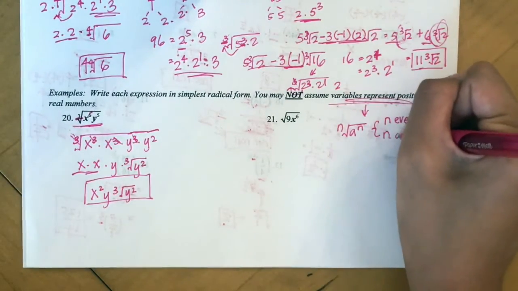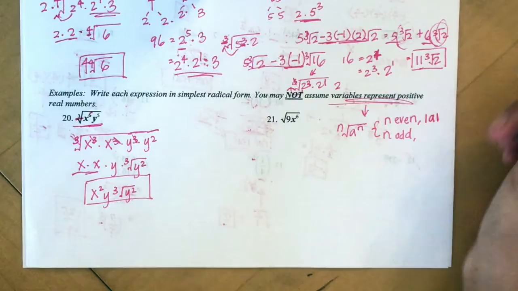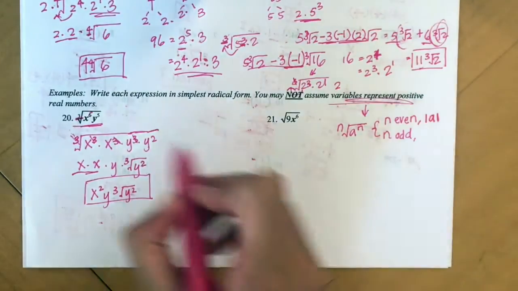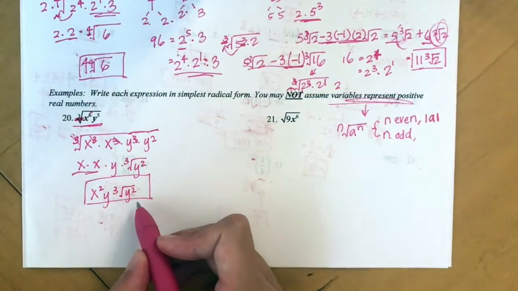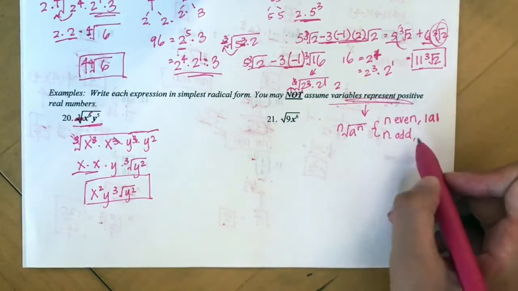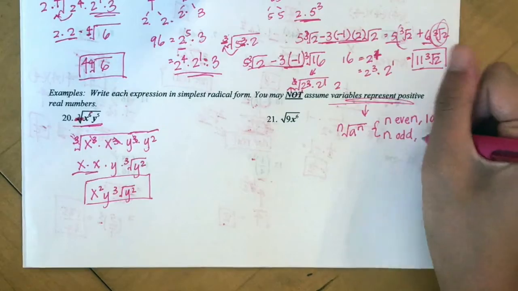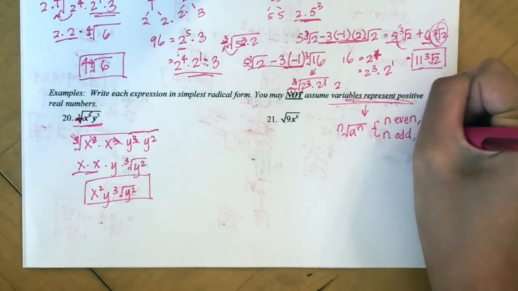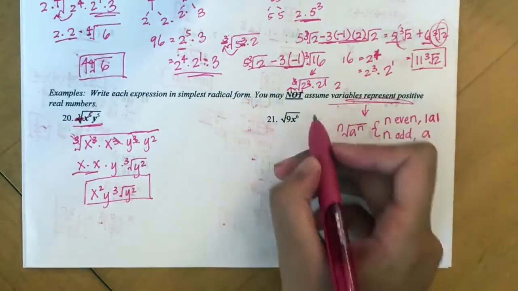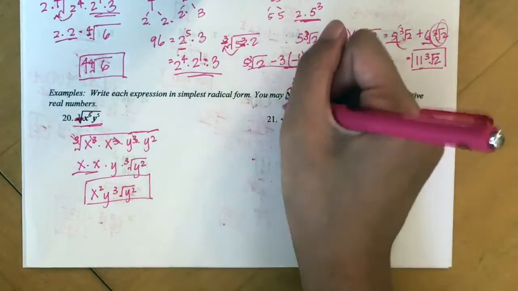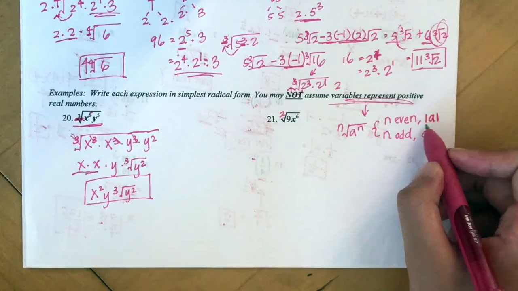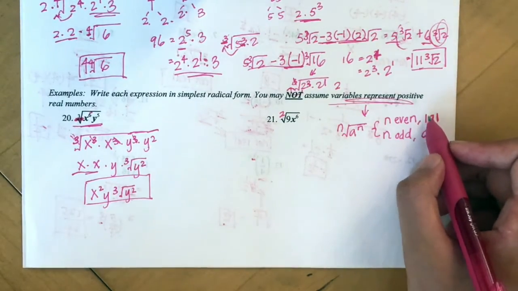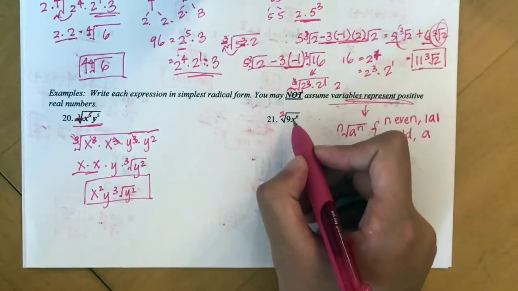If n is odd, which is all the cases that we have encountered so far, as in this one, where the index is odd, which is why we don't need to write any absolute value bars, then the answer is just a. But if n is even, like in this case, where the index is 2, which is implied, then you have to write absolute value bars in the final answer. So let's see how this plays out.